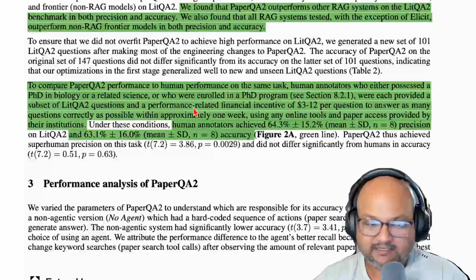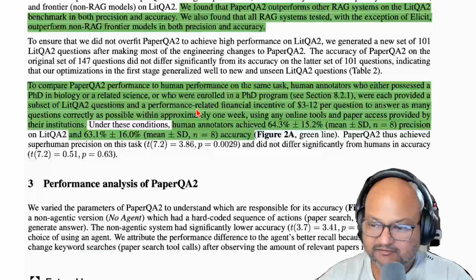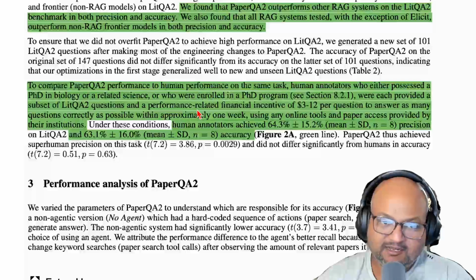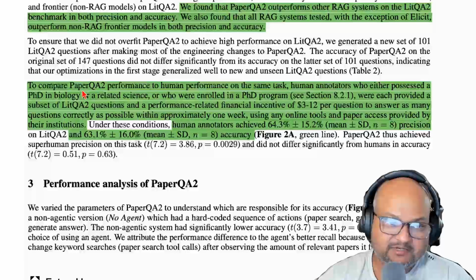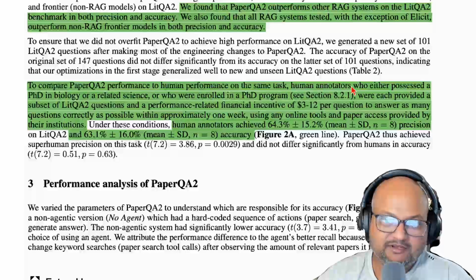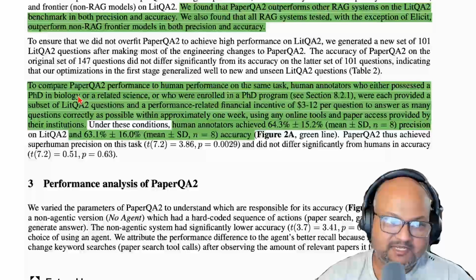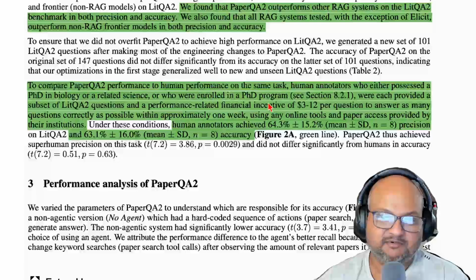And here's the interesting thing that makes the evaluation of this really good and different from a lot of other papers. They found human annotators who were pretty advanced in the field, either had a PhD in biology or related science, or were enrolled in a PhD program.